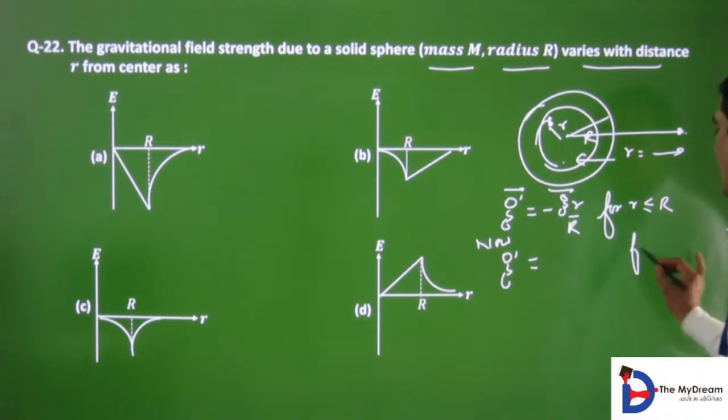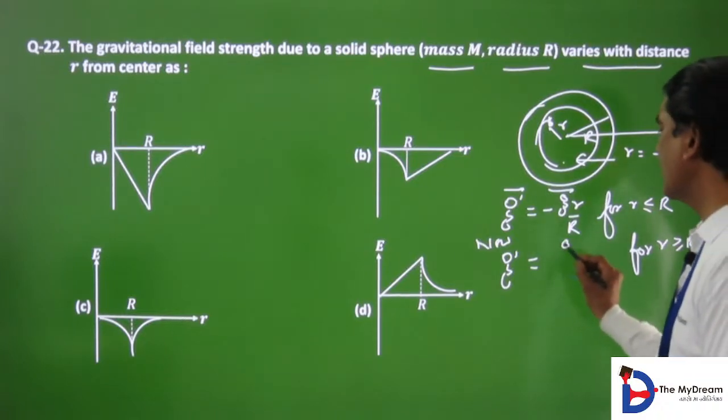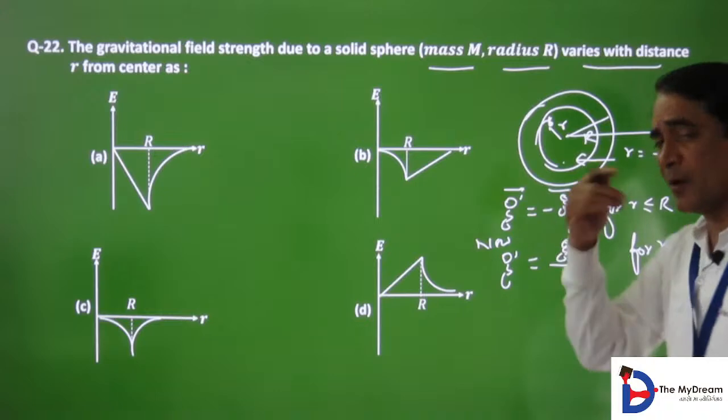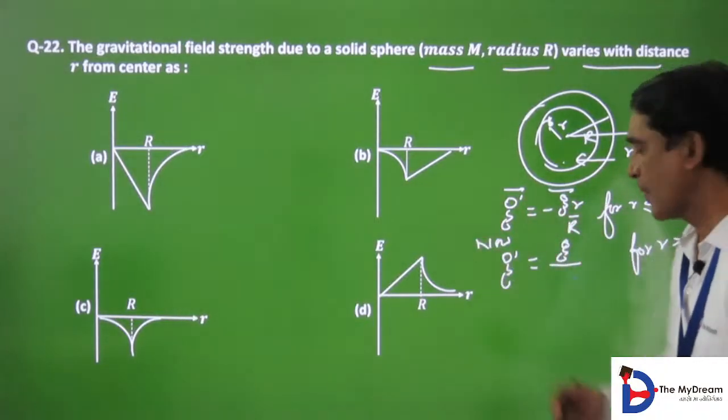It means for r greater than and equal to R, and that is given by G upon, आपने पढ़ा होगा, (1 plus h by R) whole square.